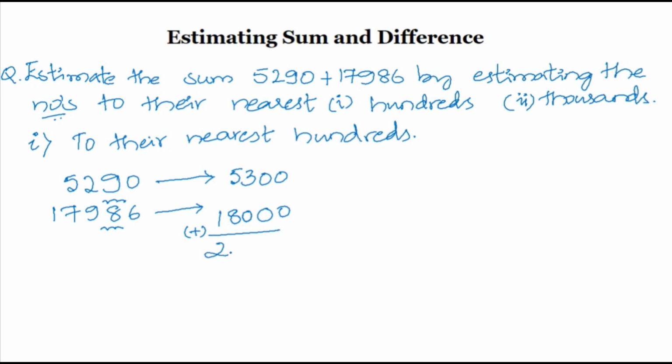Therefore, the sum is 23,300. This 23,300 is the estimated sum. This is how we solve when the numbers are rounded off to nearest hundreds.